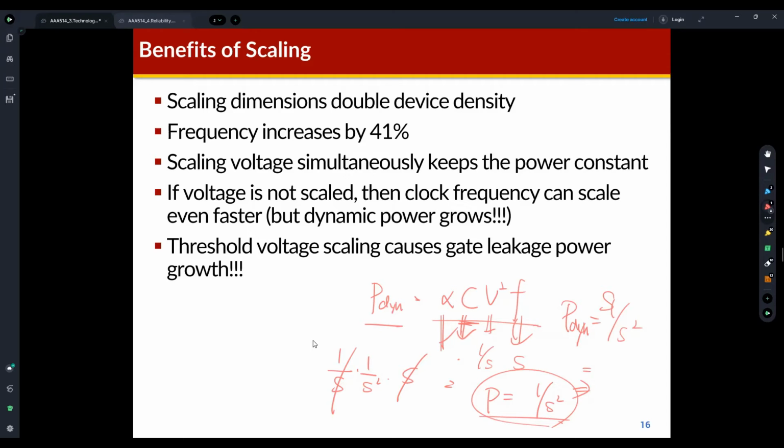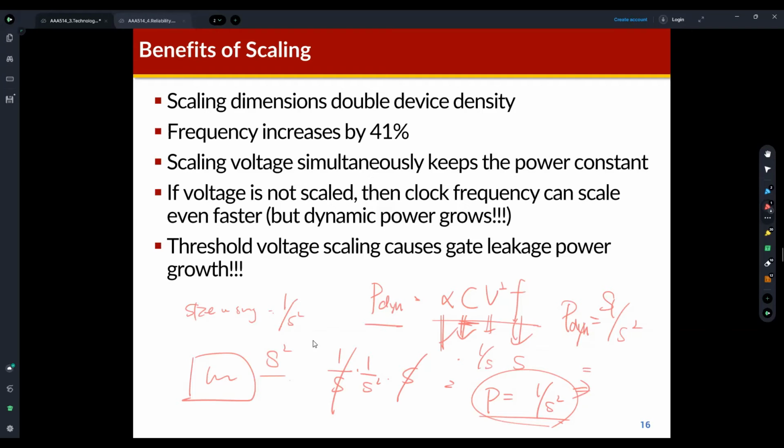And then with this CMOS scaling, we can know that the size of a single transistor is reduced by 1/S squared. Which means in the same area, we can include S squared transistors. Okay.